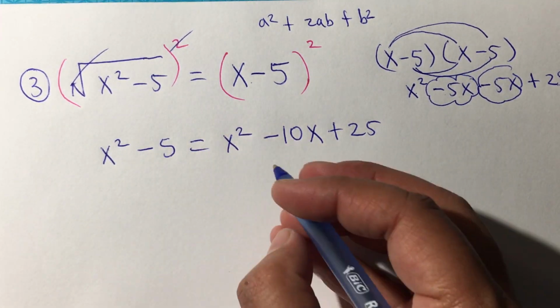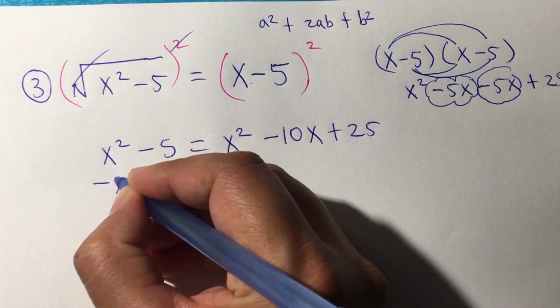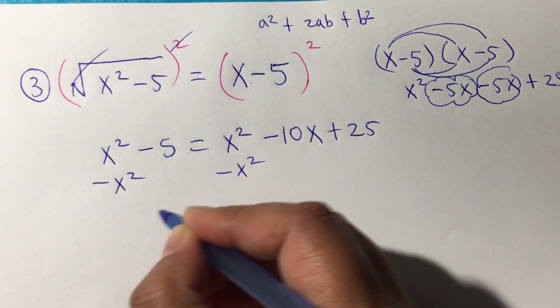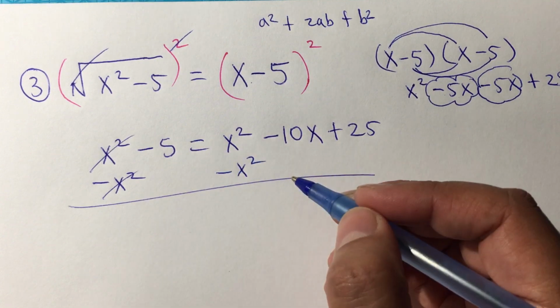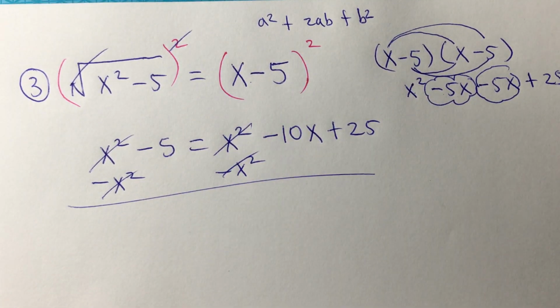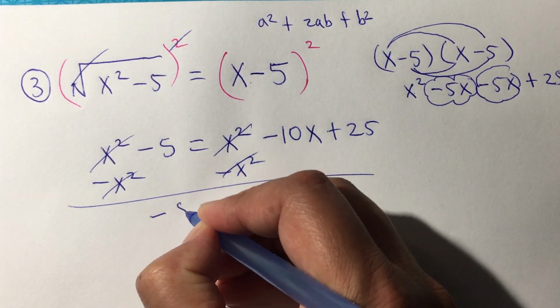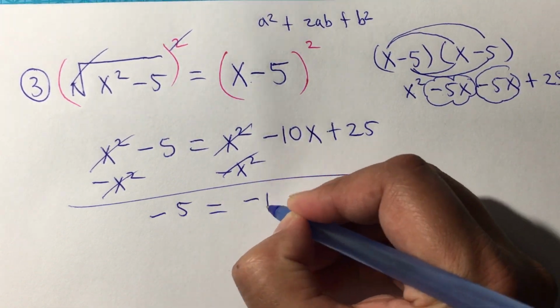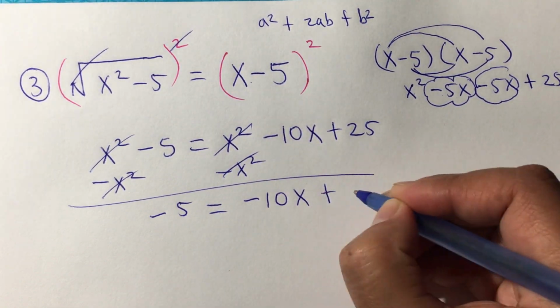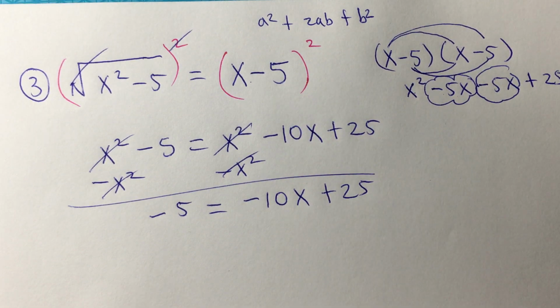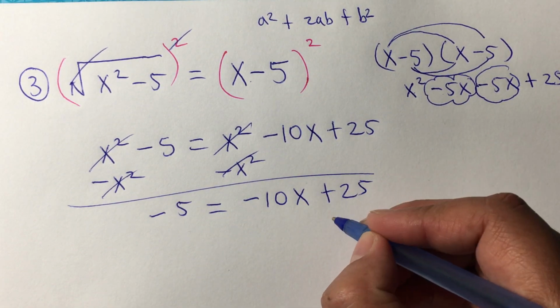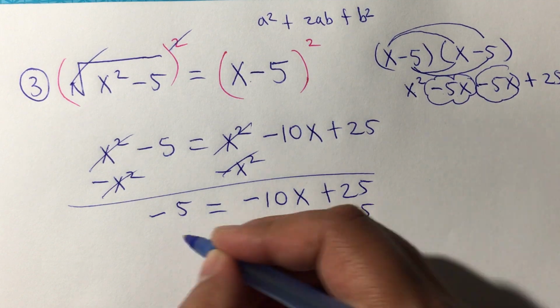Then what we're going to do is subtract x squared from both sides. This cancels, but we notice that that happens on the other side as well. I get negative 5 equals negative 10x plus 25. The goal is to leave x by itself, so we subtract 25 from both sides.